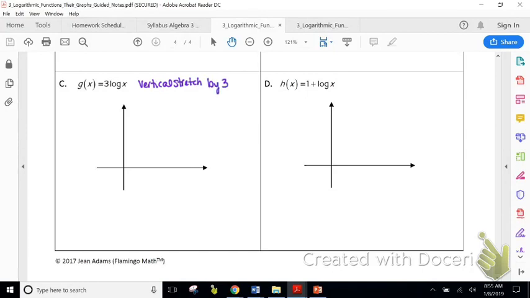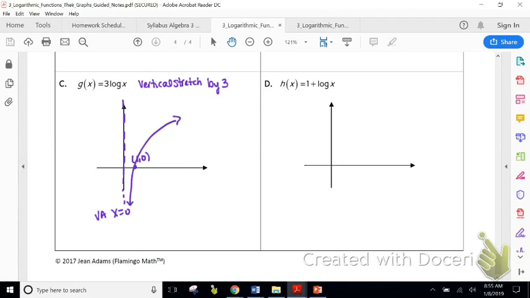So is your vertical asymptote going to change? No. Is your point going to change? No. But what's going to happen if it's a vertical stretch? Yeah, it's going to stretch up. So it's just going to go higher as it's curving, okay?